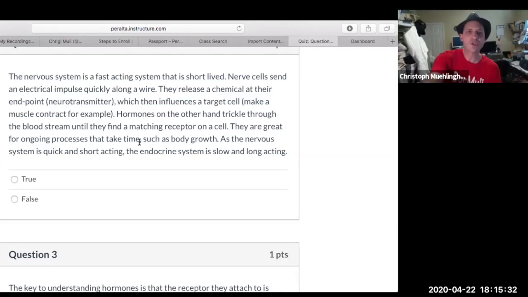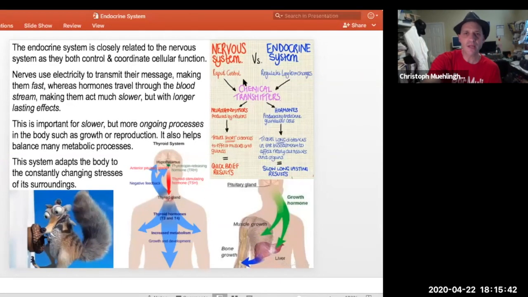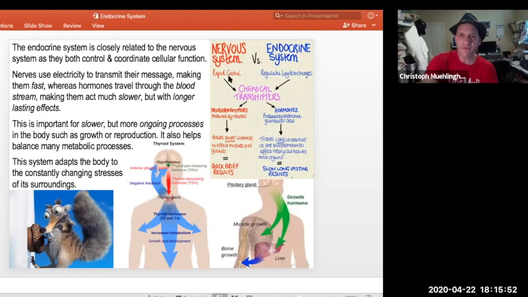All right, that's true. And that can be visualized nicely on that slide over here with this chart. I think you guys all understand this chart. The nervous system is here, fast, short acting, and then the chemicals, that's important that you understand.